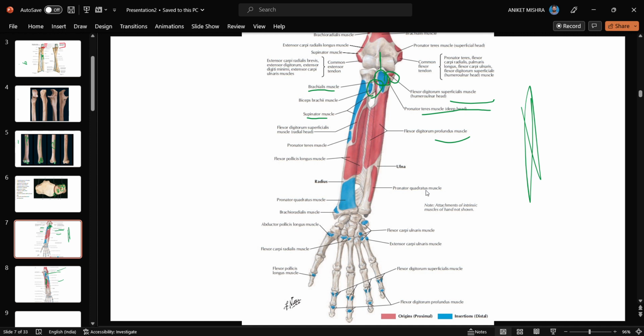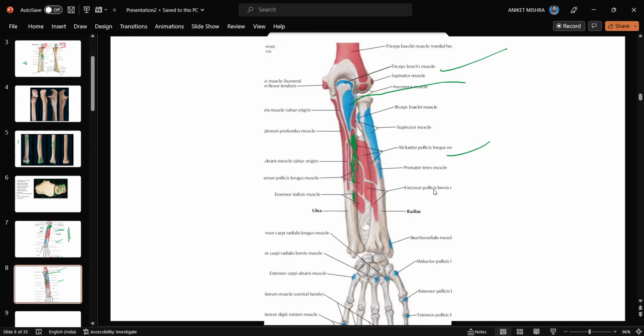At the lower end, the pronator quadratus takes origin from the oblique ridge of the lower part of the anterior surface. The flexor carpi ulnaris arises from the medial side of the olecranon process and from the posterior border.